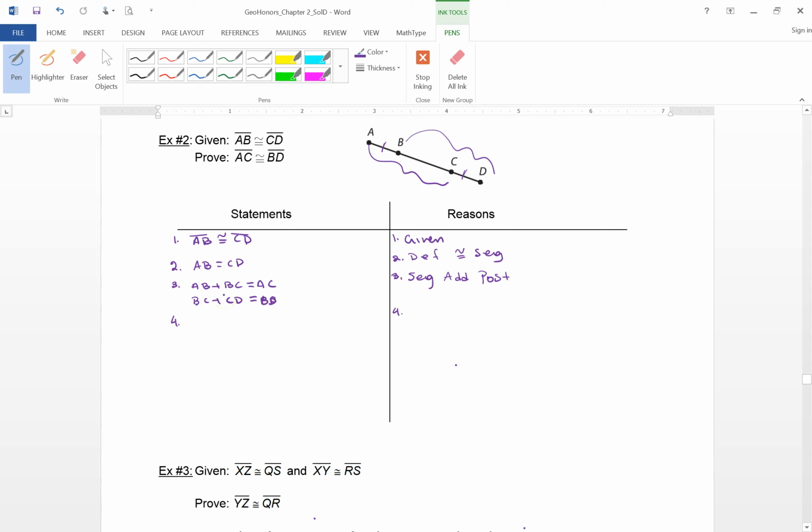So look, AB and CD are equal to each other. Okay? The two BCs are also equal to each other. So we can say AB plus BC is equal to BC plus CD. Okay? This is substitution.